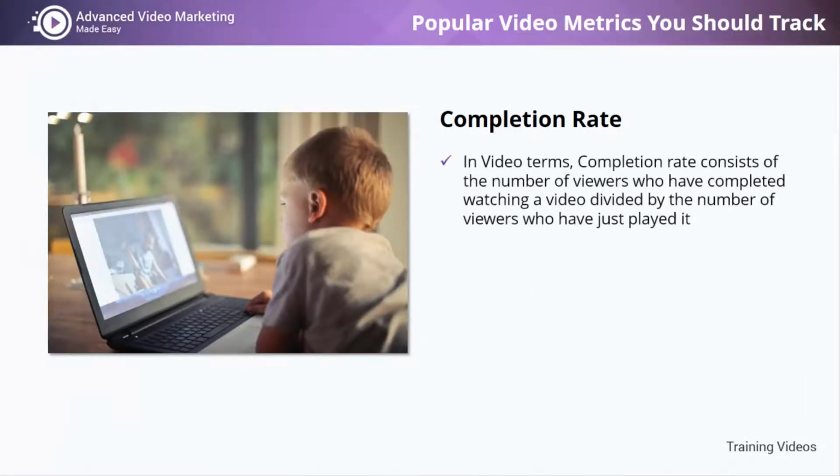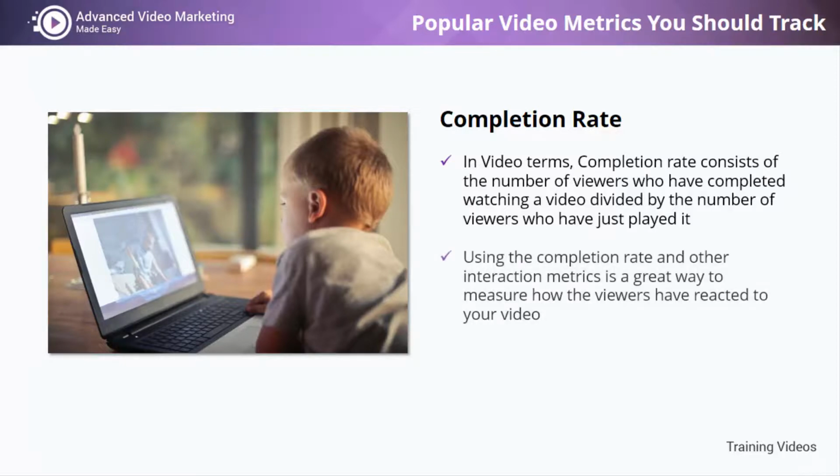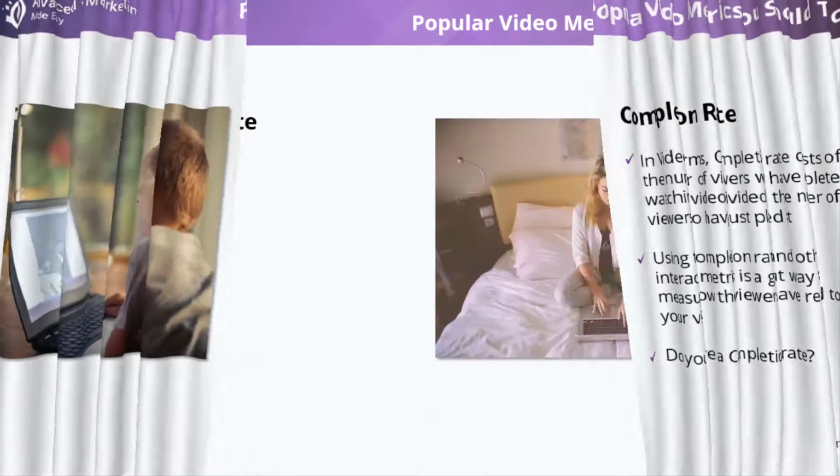In video terms, completion rate consists of the number of viewers who have completed watching a video divided by the number of viewers who have just played it. Using the completion rate and other interaction metrics is a great way to measure how the viewers have reacted to your video. Do you have a low completion rate? Do all users quit watching at a certain point? This could indicate that what your video contains does not resonate with your target audience.